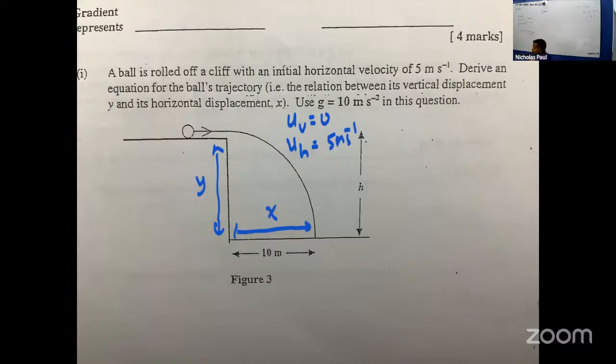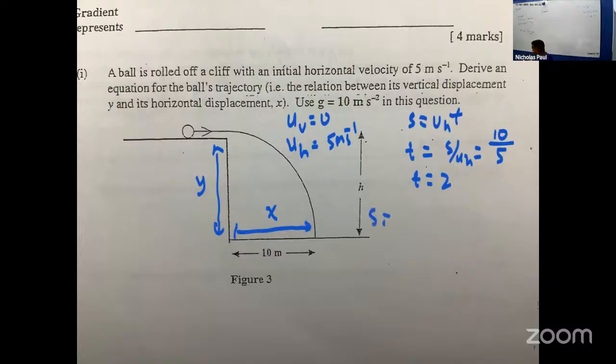We know that displacement is velocity times time for horizontal, right? So time is equal to s over horizontal velocity, which is 10 over 5. So the time taken for this journey is 2. That's okay? Now, they ask us to find h, right?